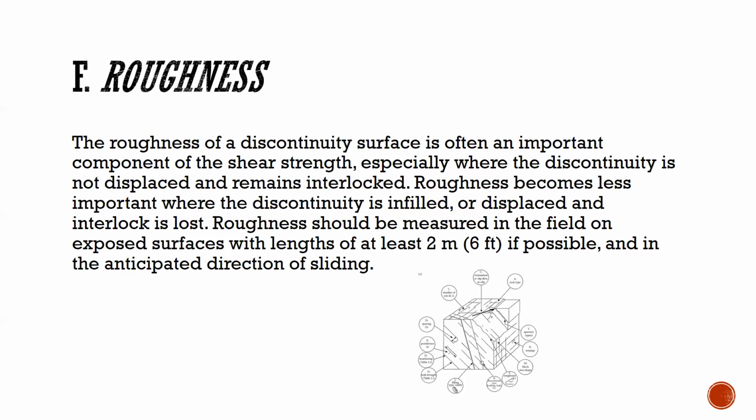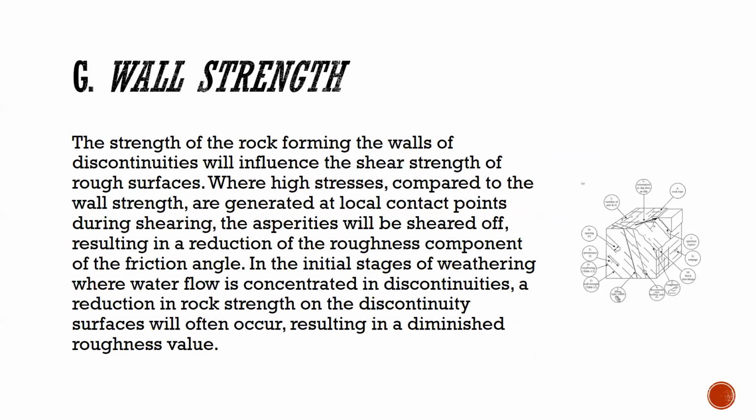So determining and finding out the roughness is also very important. Then the wall strength on which this joint set is oriented and standing. If that wall is competent, if the wall is treacherous, or if the wall is prone to weathering. Based on that, we have to calculate.